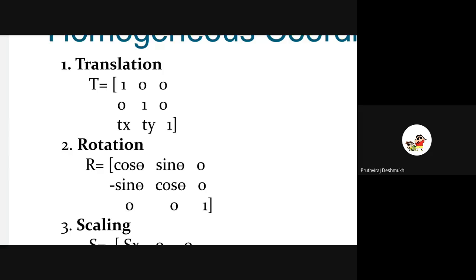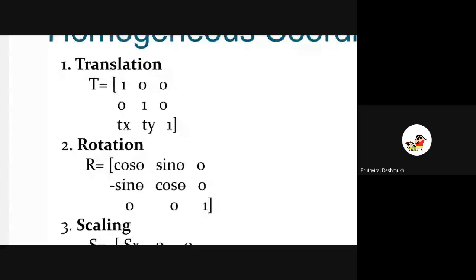In the previous article, in geometric transformation, the translation matrix is a 2 by 2 matrix, but in homogeneous it is a 3 by 3 matrix. The formulas are the same, with very little change. For translation: 1 0 0, 0 1 0, tx ty 1.